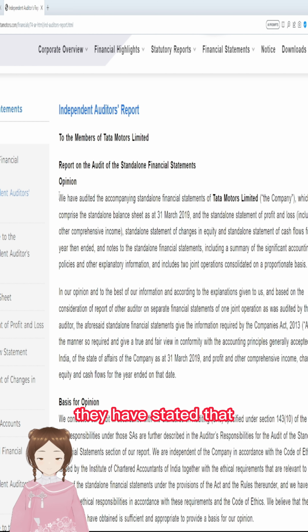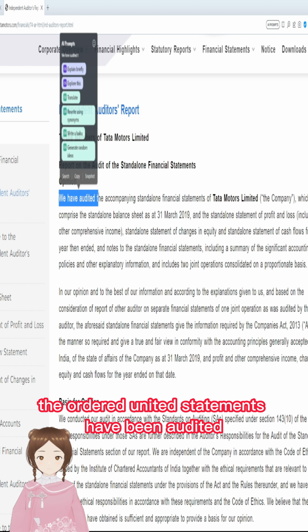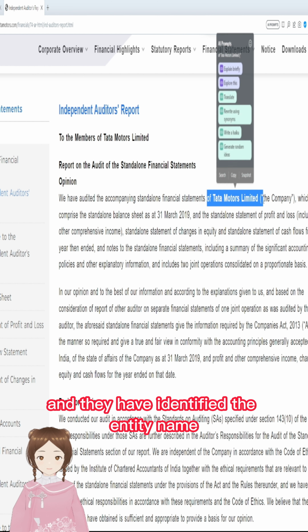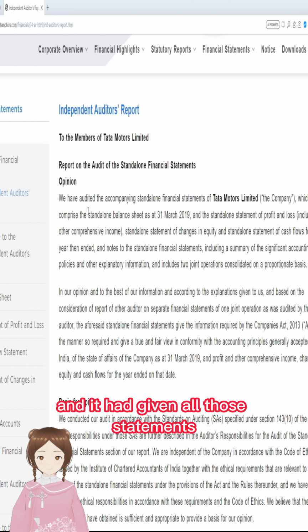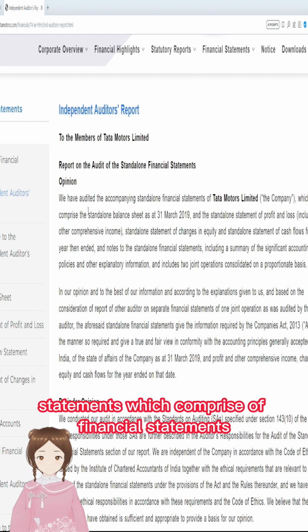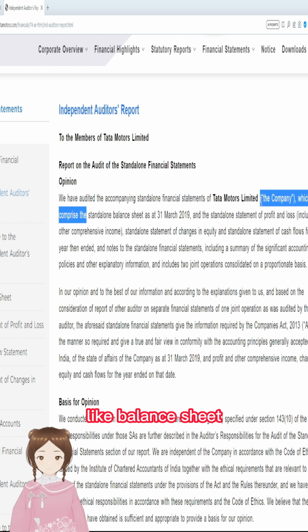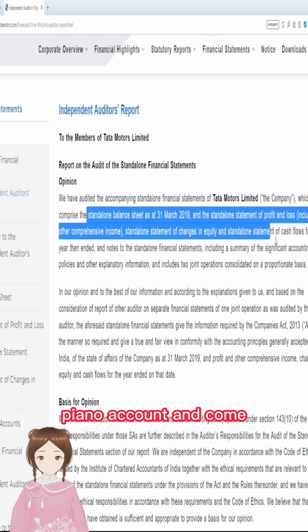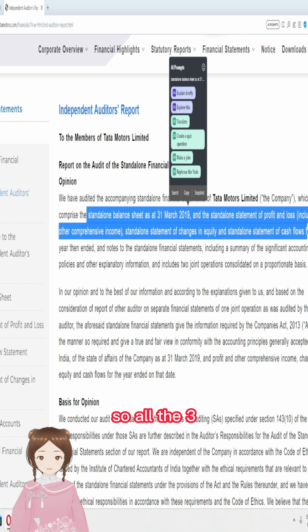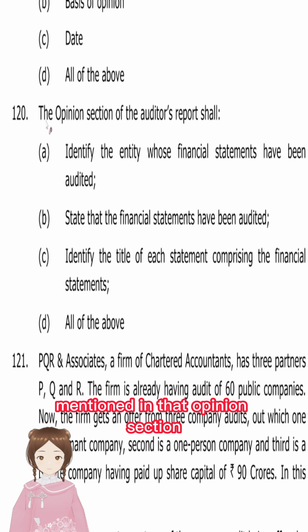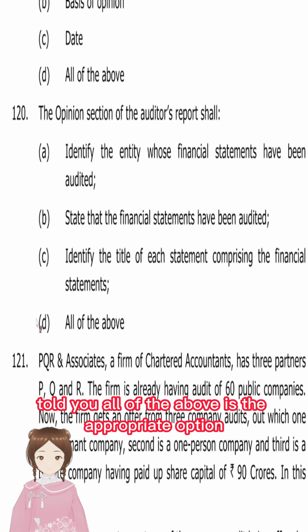They have stated that the financial statements have been audited and they have identified the entity name which they have audited, and it has given all the statements which comprise the financial statements, like balance sheet, P&L account including other comprehensive income, standalone statement of changes in equity, and cash flows. So all three were mentioned in that opinion section. So D, all of the above, is the appropriate option.